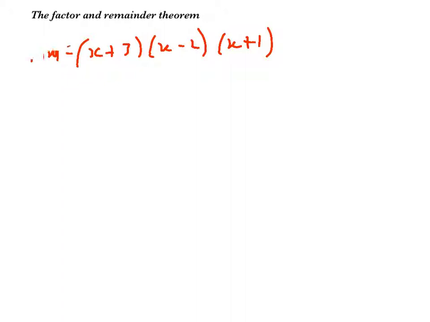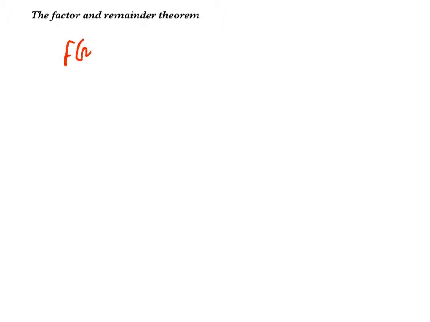But if they started you off and said, sketch f of x equals 3x cubed plus 2x squared plus x minus 6, it would be very hard for you to know where to start. I mean, you could probably say where it crosses the y-axis, but that's about it, isn't it?